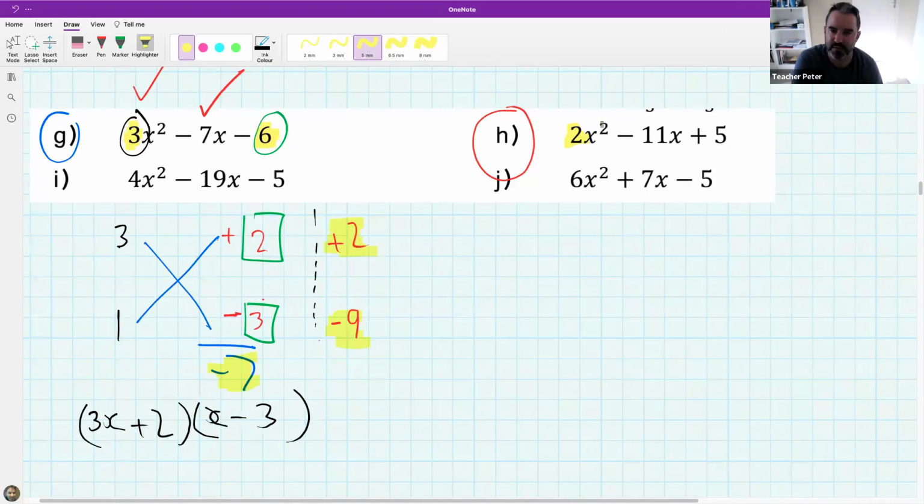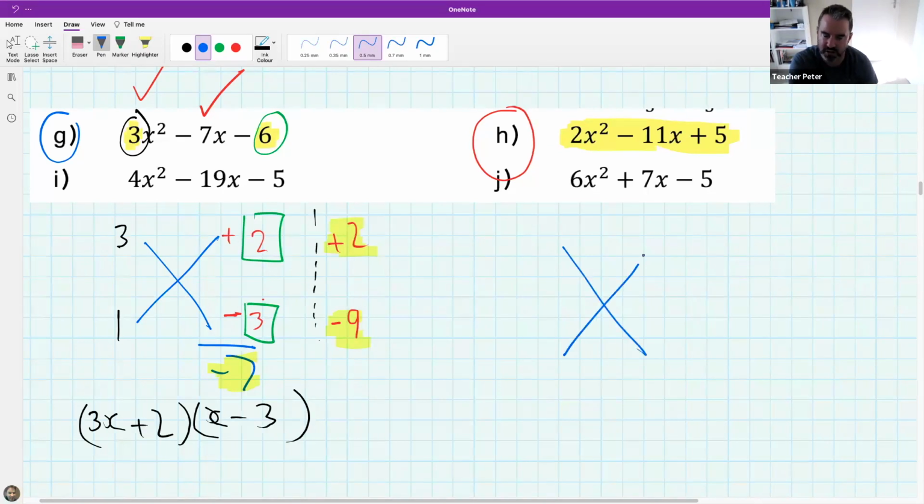Okay, then I want everybody to try and do h. I want you to try and factorize h. And I want you to start, as you are super ninja at trinomials, by doing this. If you are very confident and you've learned something in class and it works for you, you can stick with it. But for those who have never enjoyed trinomials, I promise you, I can make it better for you.